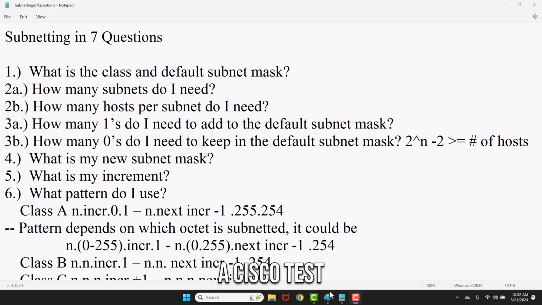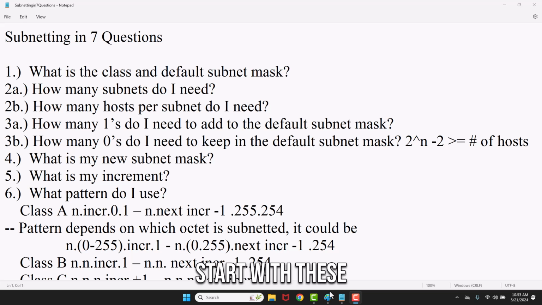If you're taking a Cisco test, you will also have to deal with variable length subnet masks. In that case, they're more than likely going to want you to give the valid range of addresses as well. Question 5 is going to change, because each time we get to a new network, we're going to have a different increment.